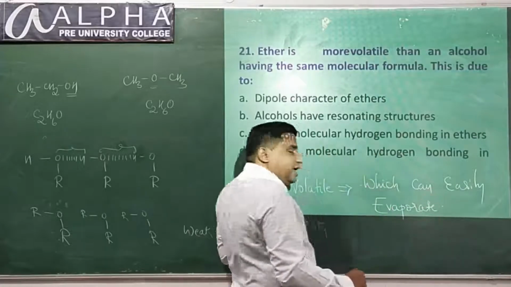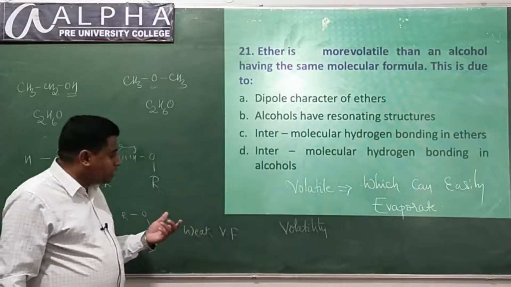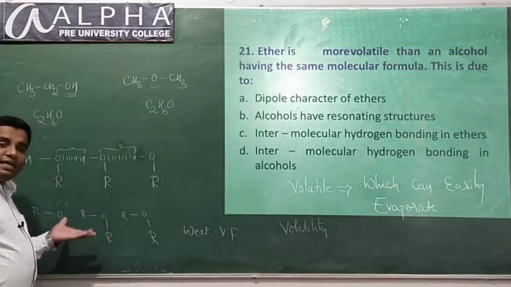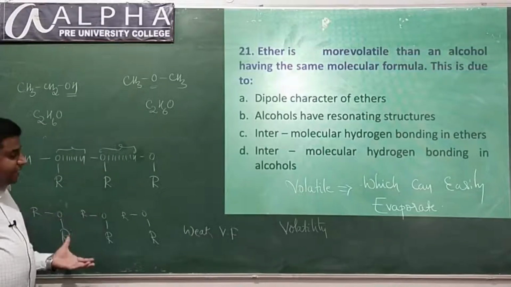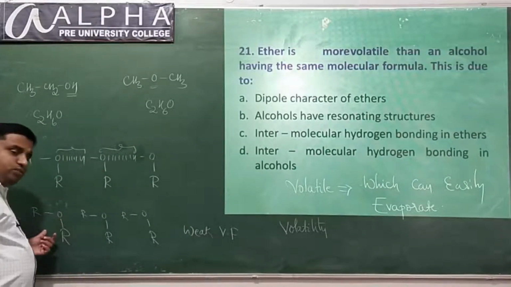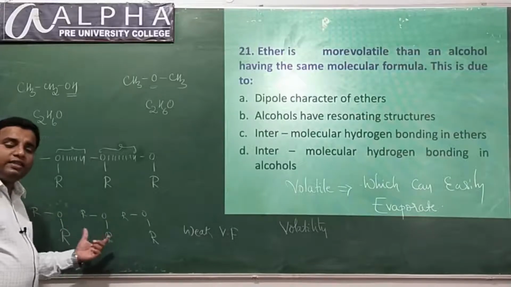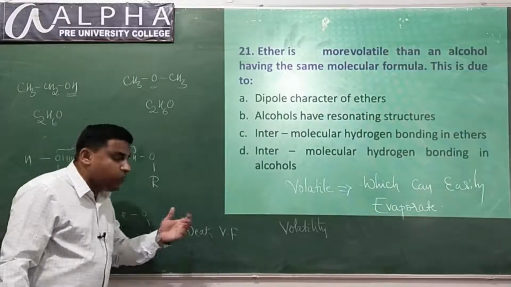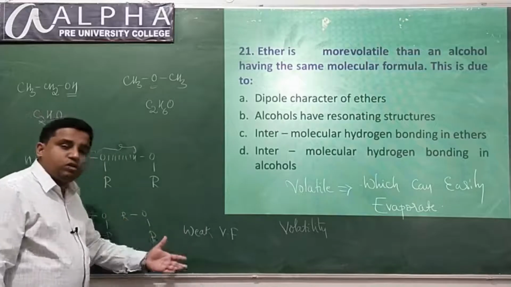So here ethers can easily evaporate but not alcohols. Why can ethers easily evaporate? Because the force of attraction among ethers is weak. It's a weak van der Waals force.